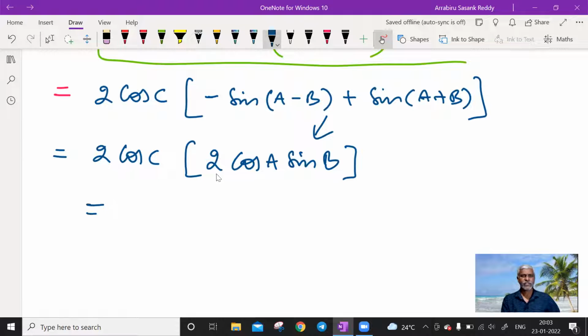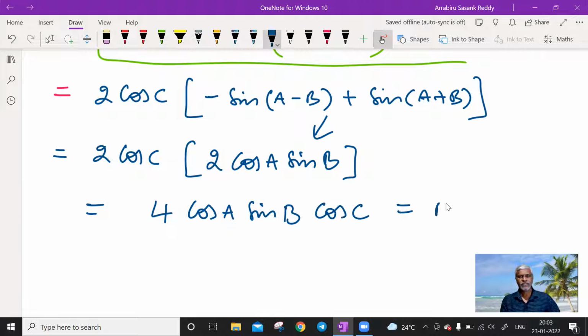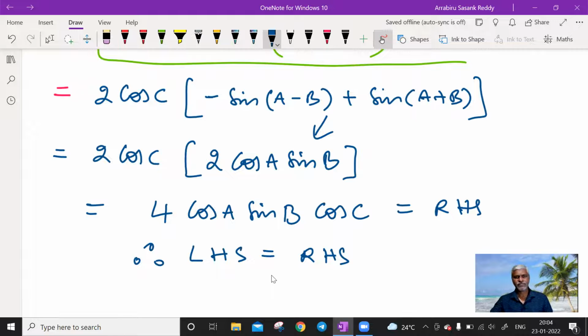So this is equal to 2 into 2, 4 cos A sin B cos C. This is the right hand side. Therefore, left hand side is equal to right hand side, and it is proved.